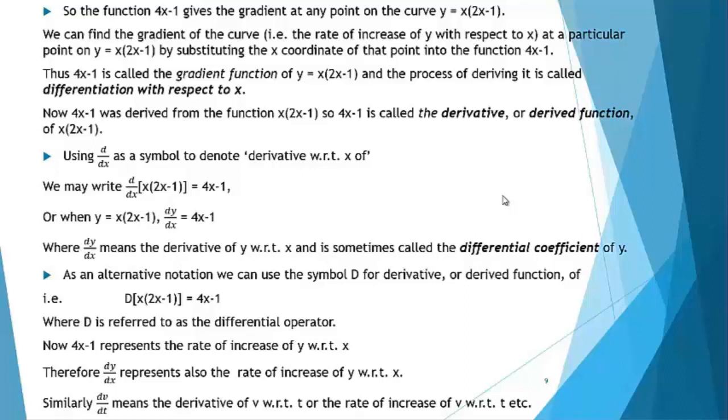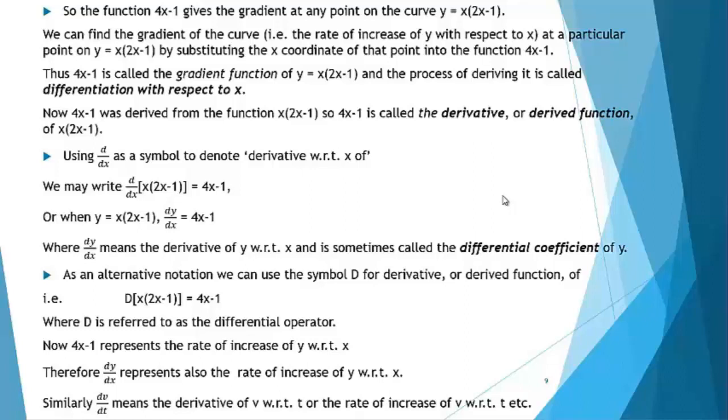We can find the gradient of the curve, that is the rate of increase of y with respect to x, at a particular point by substituting the x coordinate of that point into the function 4x − 1. Thus, 4x − 1 is called the gradient function of y = x(2x − 1), and the process of deriving it is called differentiation with respect to x.